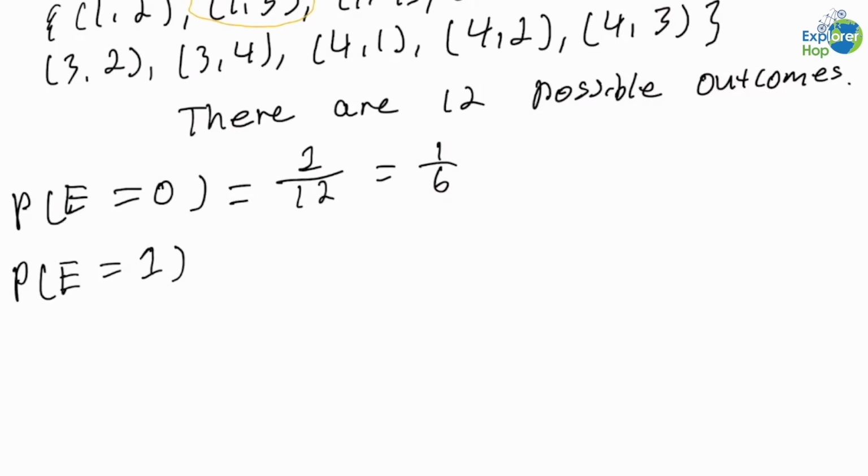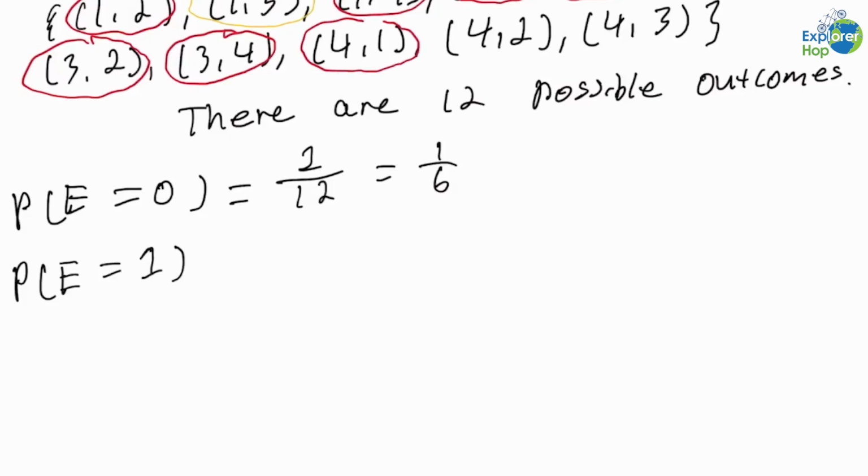So from the sample space, we see that we have one even number over here, and over here, and in each of these outcomes.